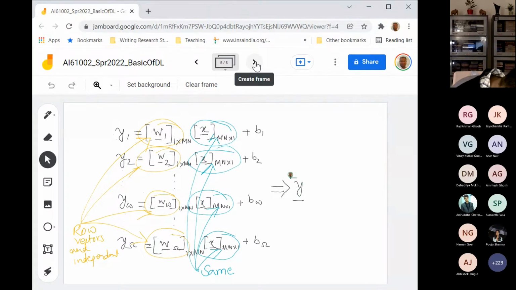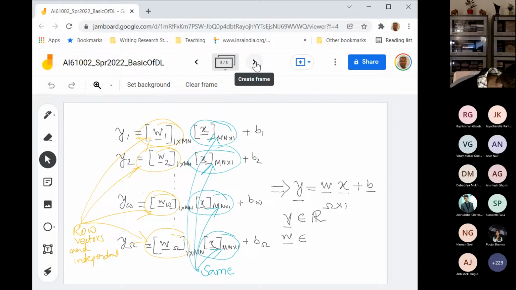becomes a column vector. So let me just write it as y, and this y is equal to W into x plus B. Where this y is a column vector, so that belongs to R power of, you have one column, multiple rows, so omega number of rows cross 1. W over here belongs to what?